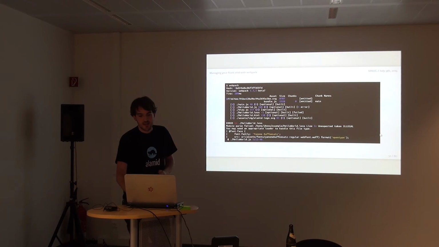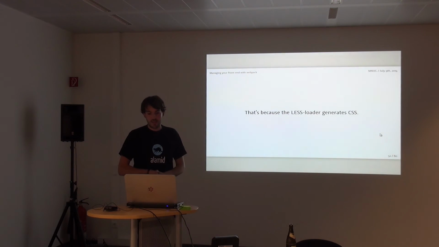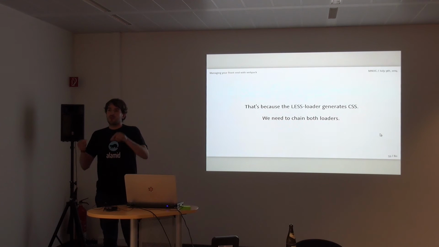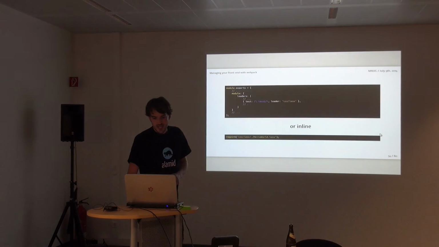That's because the less loader generated CSS, not JavaScript. That's a good thing, because we need to chain both loaders. That's why we can use features of the CSS loader in conjunction with our less loader. And chaining is very easy.